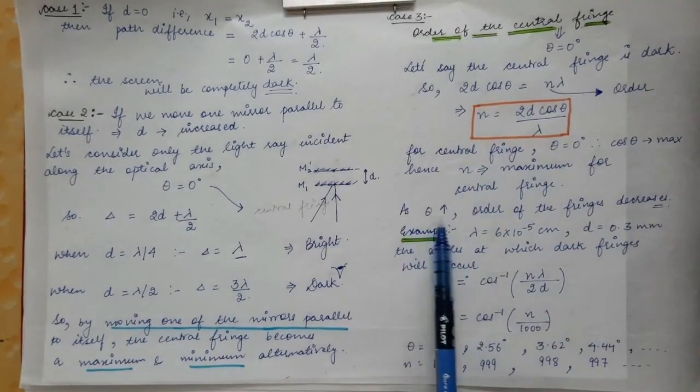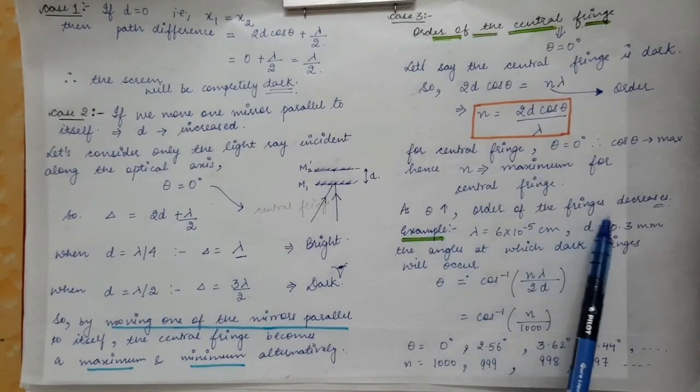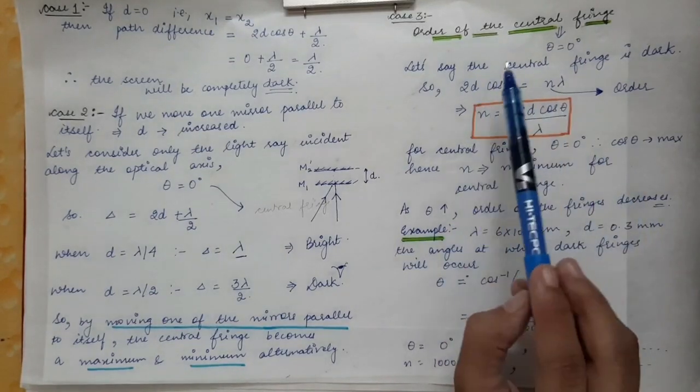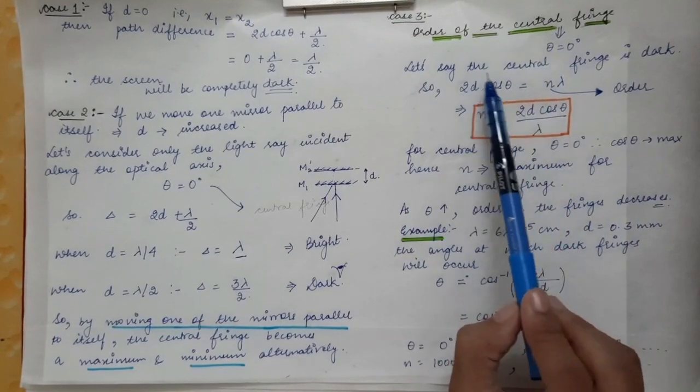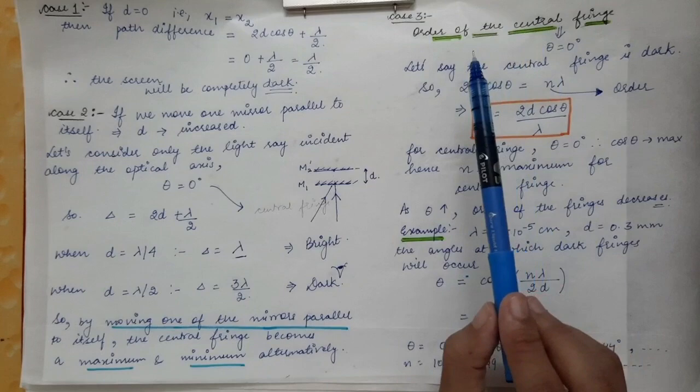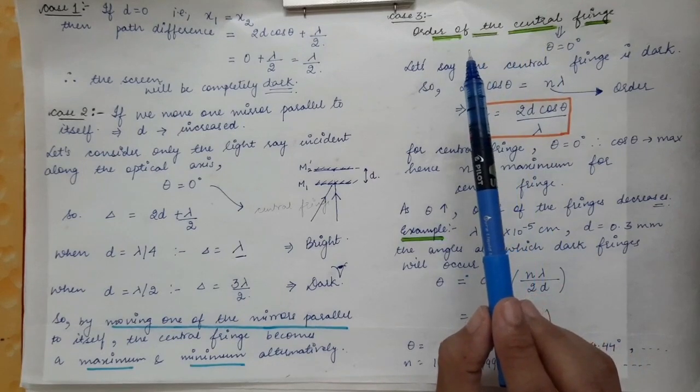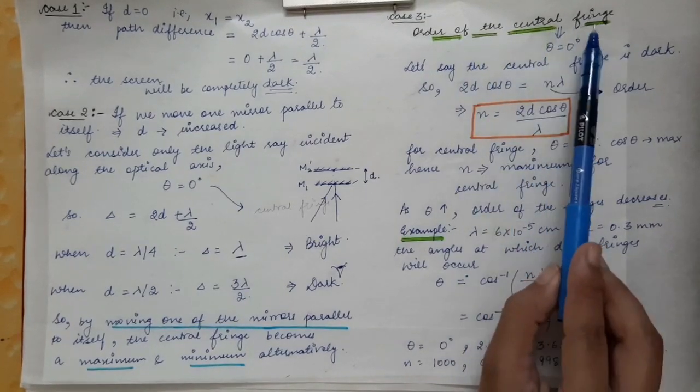Only the central fringe has the maximum order, and all other fringes around it have order less than that of the central fringe.